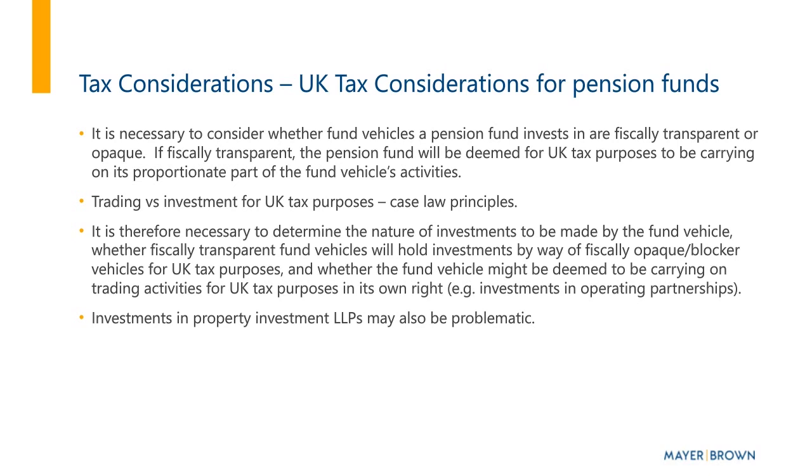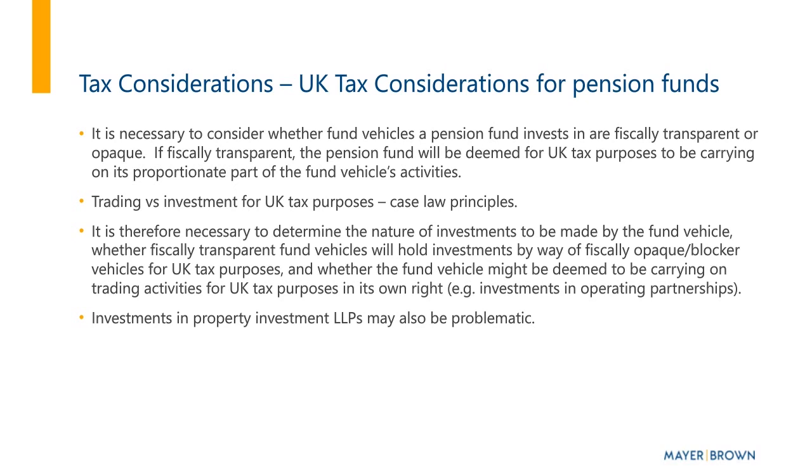Many of our clients want to know that they are not trading, that they are only making investments, and that can be true anyway, just because of the nature of the fund, but it's often sensible to insert a blocker, especially if investing into the US, because as we've said, it doesn't necessarily increase the overall tax in the US, but what it does mean is that the pension fund isn't seen to trade.